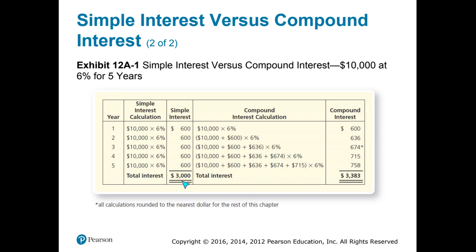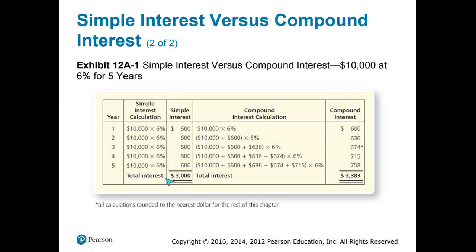Our total interest is $3,000, but it's 33 over here. So maybe a 6% loan here, maybe we might be able to afford a 6.2% there, and maybe they have some other perks or something. You never know. There's a lot of factors that roll into making these financial decisions, especially if interest is involved and what your final interest expense is going to be and all that kind of stuff.